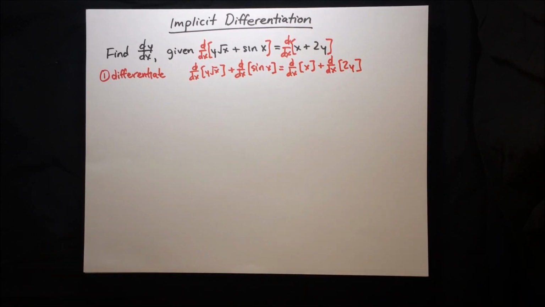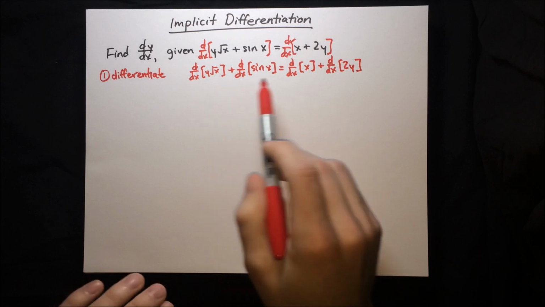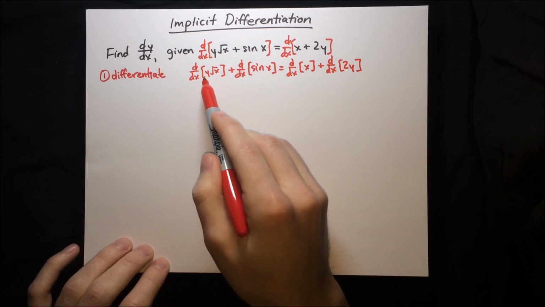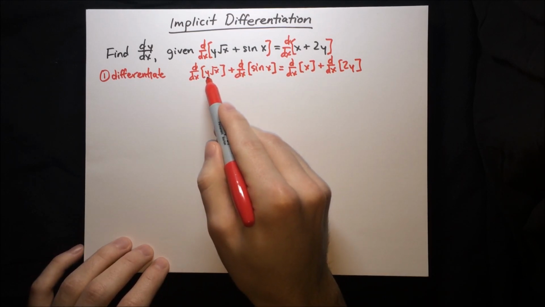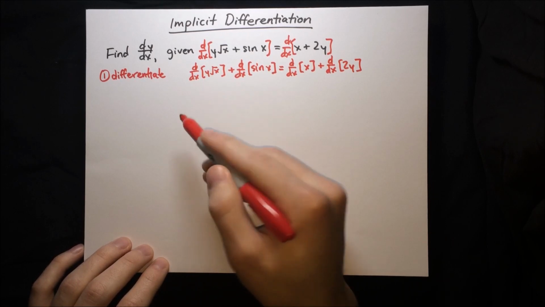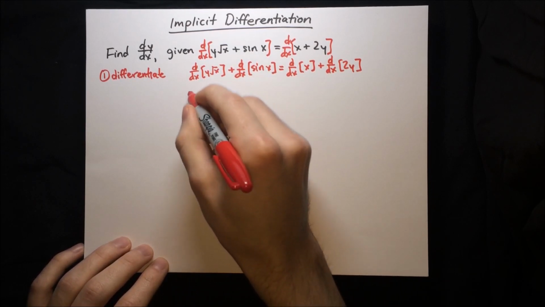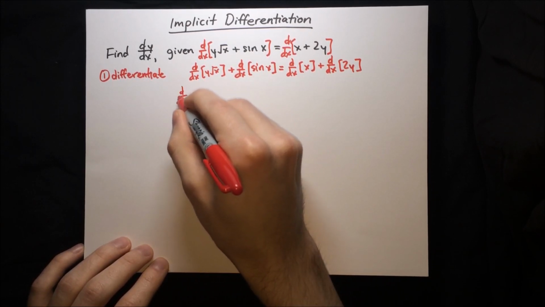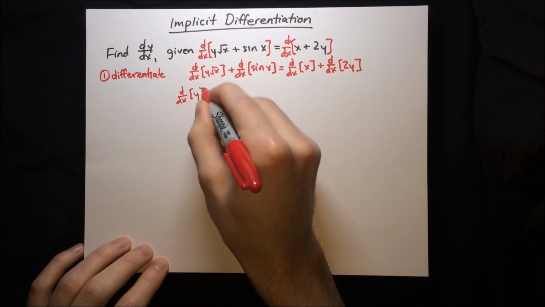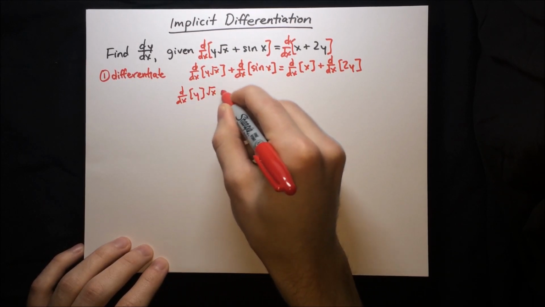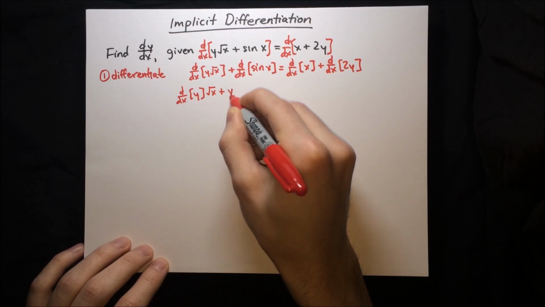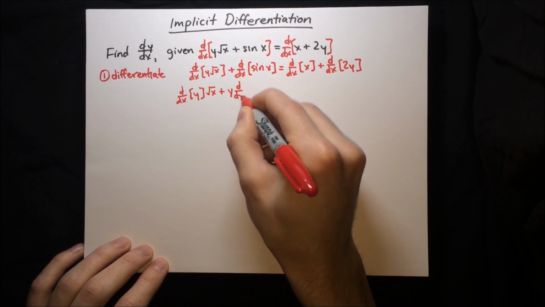Okay, so now we can go ahead and start computing these derivatives. This first derivative is going to require the use of the product rule because we've got a product of terms here. So we take the derivative of the first term, so d/dx of y, times the second term, root x, plus the first term, y, times the derivative of the second term.